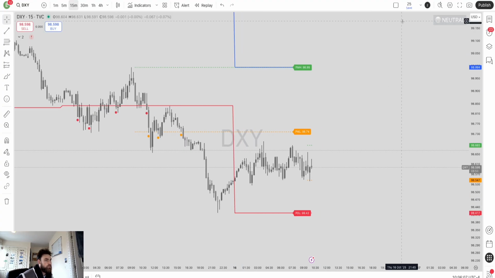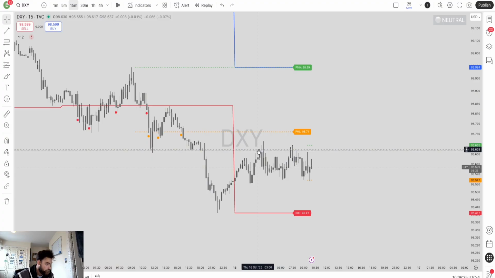So it is neutral, based on the fact that price is above the previous day low, and in between. So on those trading rules, we wouldn't take a trade until price moves, but we're not trading the dollar. We're just wanting to know where it's going.